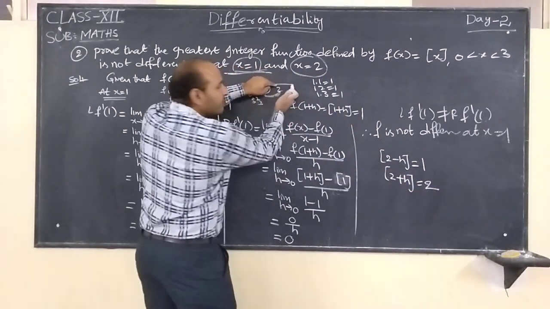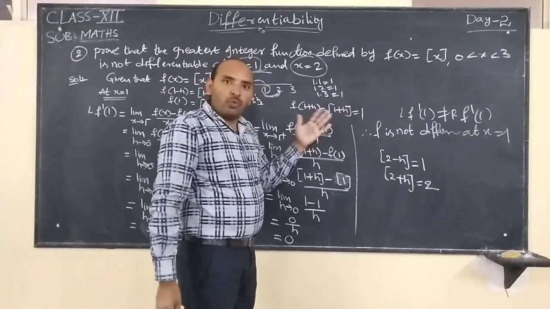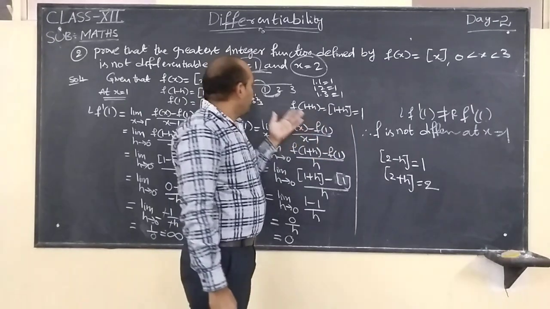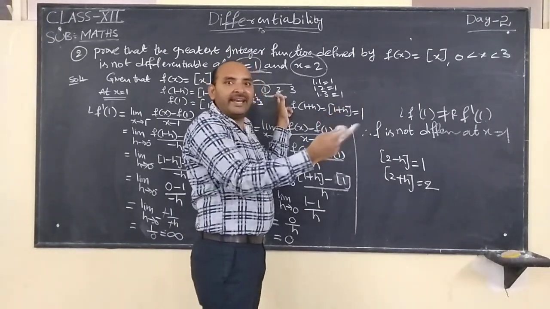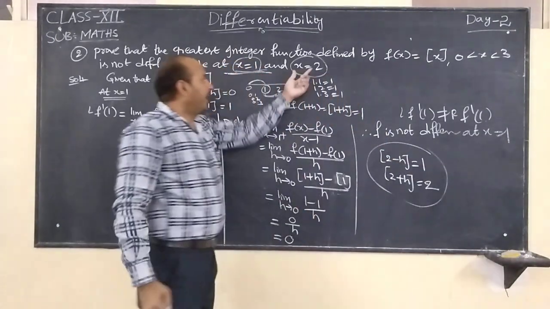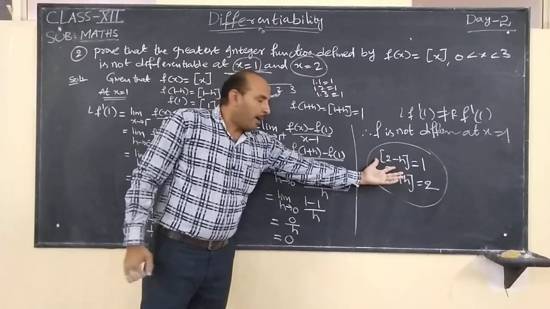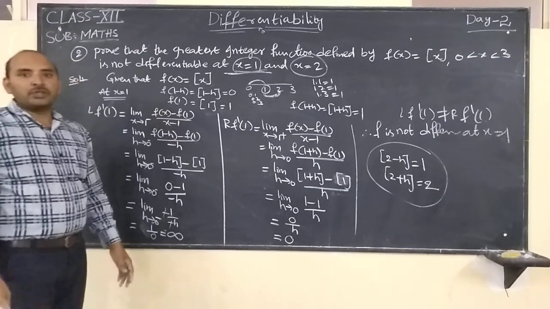That means greater than 2: 1.1 is 1, 1.2 is 1, 1.3 is 1. Same thing, 2.1 is 2, 2.2 is 2, 2.999 also 2. So remember, according to this condition at x equal to 2, we can apply these values and we will get that the function is not differentiable at x equal to 2.